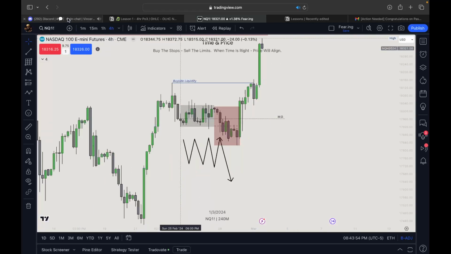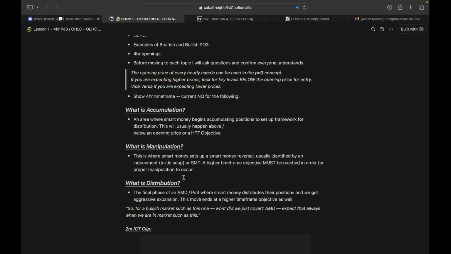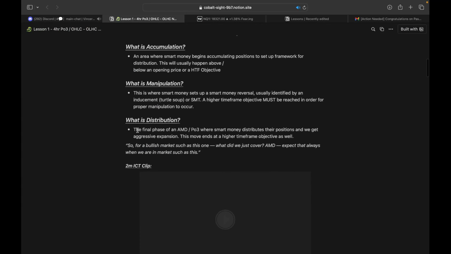So following the manipulation, we look for distribution, the final phase of an AMD Power 3, where smart money distributes their positions and we begin to get aggressive expansion.